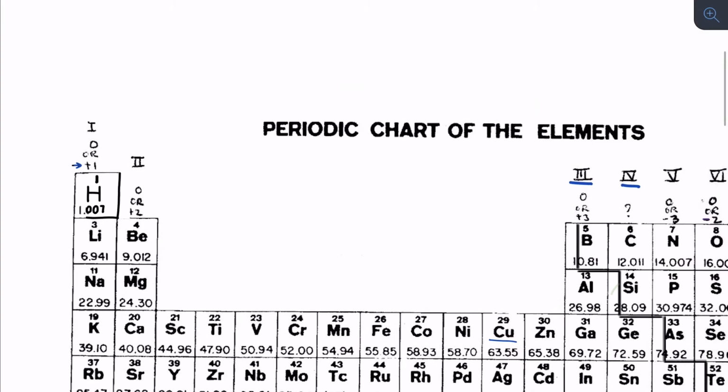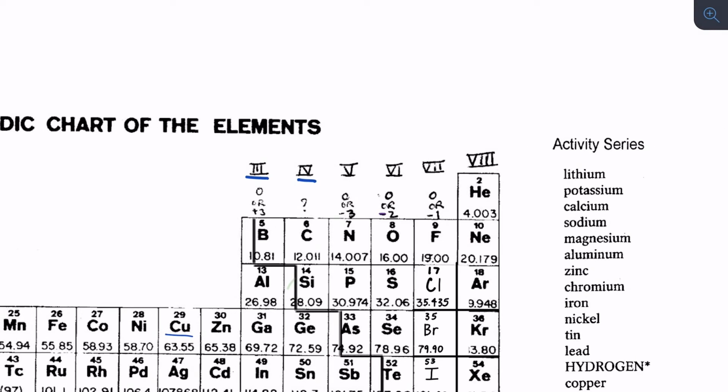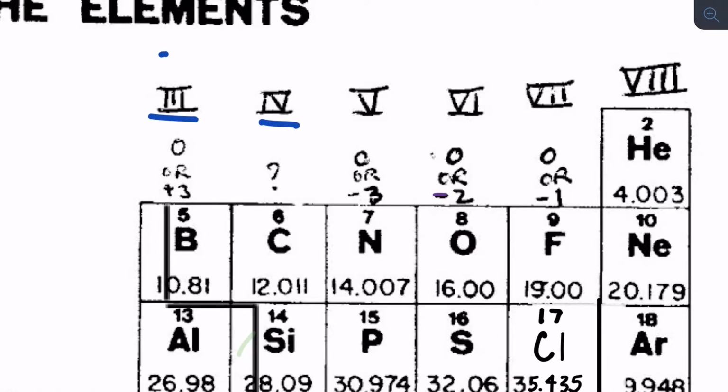So we have column number 1 over here, 1, 2, and then it goes over here, 3, 4, 5, 6, 7, 8. 8 being the most that can fit around that table. So if there's 8, it's full. Oxygen has 6 electrons that are sitting around its table. So we're going to put our 6 electrons out.